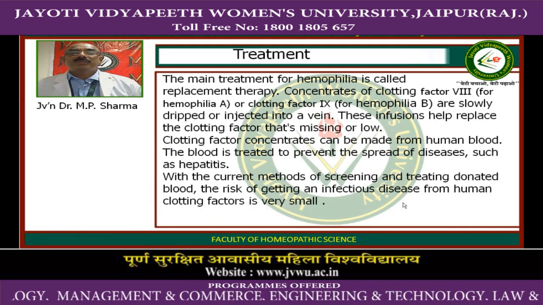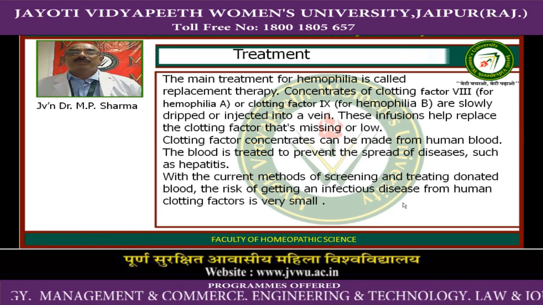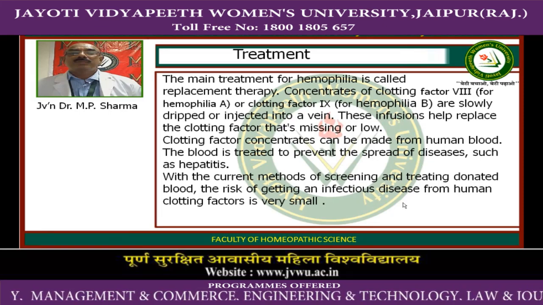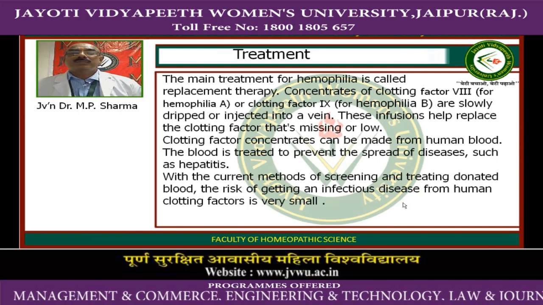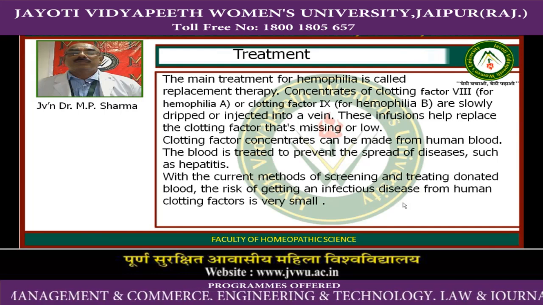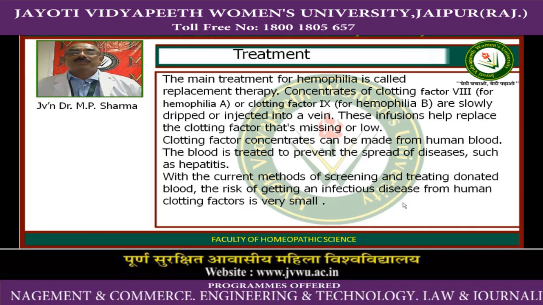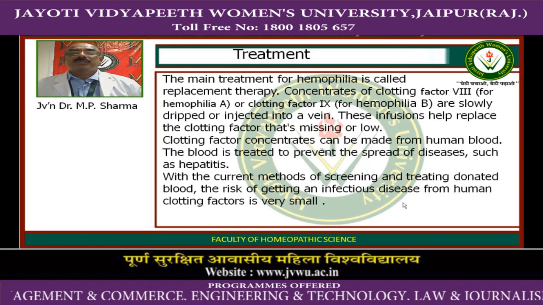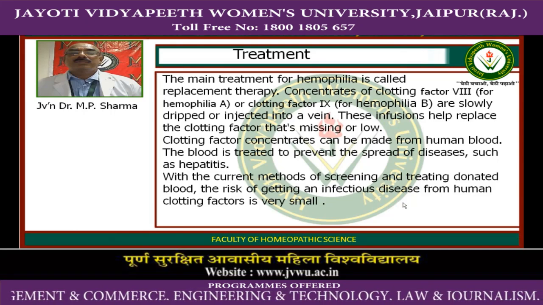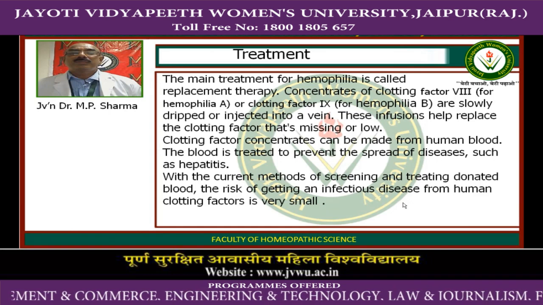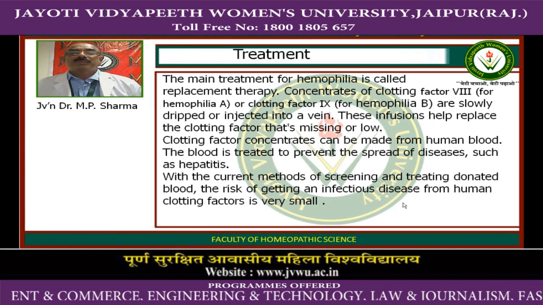Now treatment. The main treatment of hemophilia is called replacement therapy. Concentrates of clotting factor 8 for hemophilia A or clotting factor 9 for hemophilia B are slowly dripped or injected into a vein. These infusions help replace the clotting factor that is missing or low.